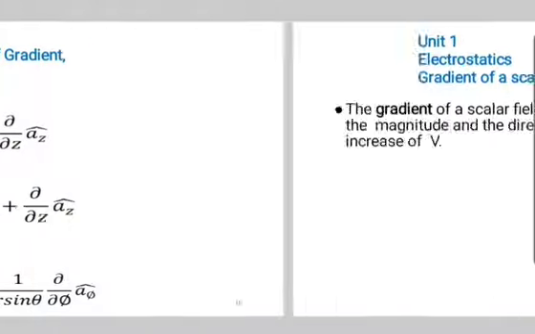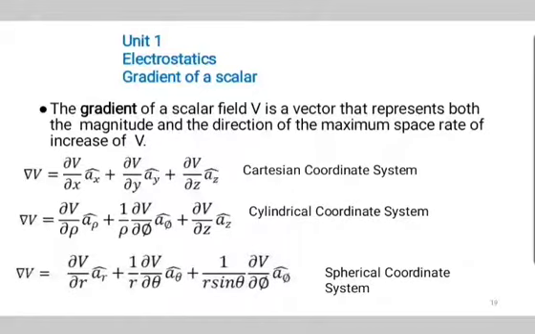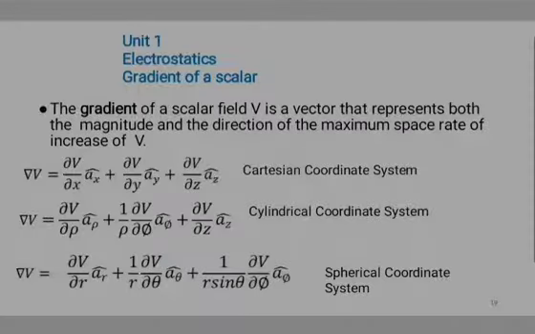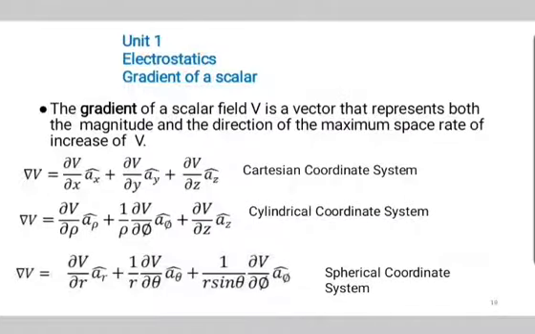The gradient of the scalar field V is a vector which represents both the magnitude and the direction of the maximum space rate of increase of V. Here the equations of gradient for the Cartesian, cylindrical and spherical coordinate systems are given.